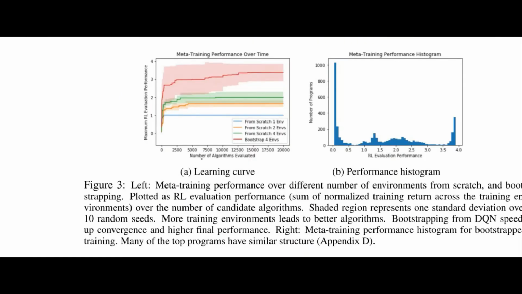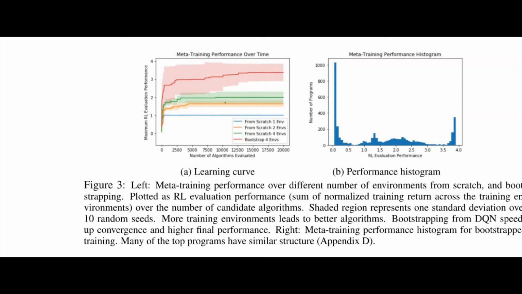So, here they show the number of algorithms evaluated versus the evaluation performance. The difference between them is that the blue curve only was trained on one environment, the orange on 2 environments, the green on four environments.